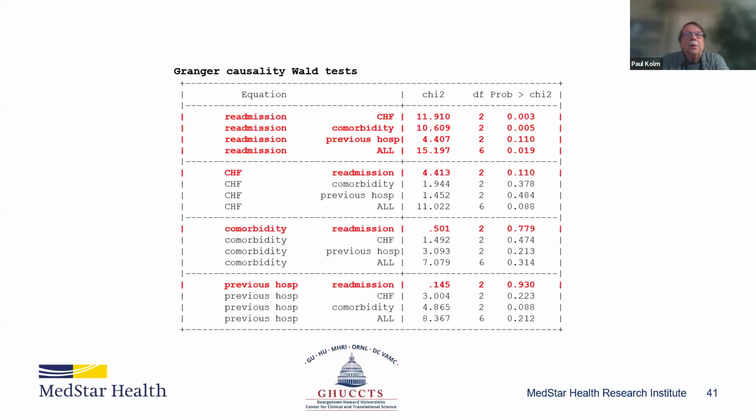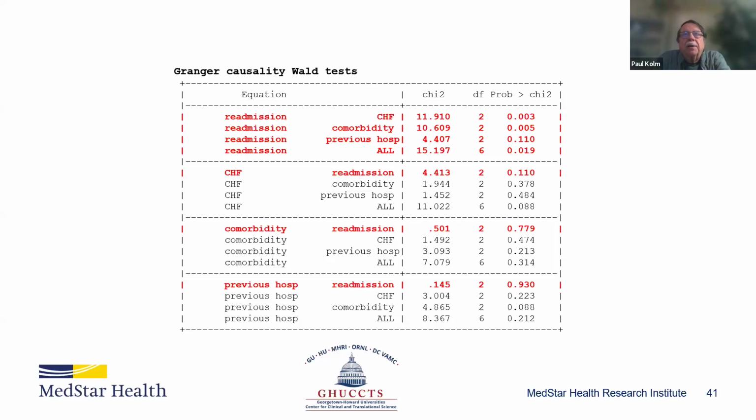So when we do our tests, we first want to look at readmission as a function of congestive heart failure, readmission as a function of comorbidities, and then we're also looking at readmission as a function of previous hospitals. And then finally, we look at readmission as a function of all three of those.